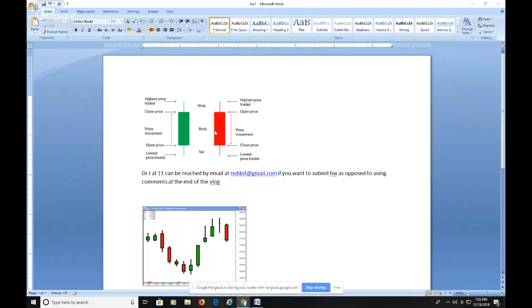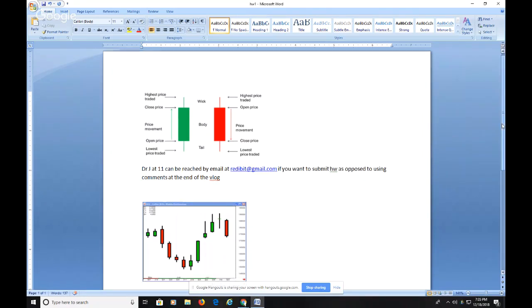It just means on the day, if you bought at the open and sold at the close, red would mean you would have lost. If you bought at the open and sold at the close and made money, that would be colored green. Okay, let's slide down a little.